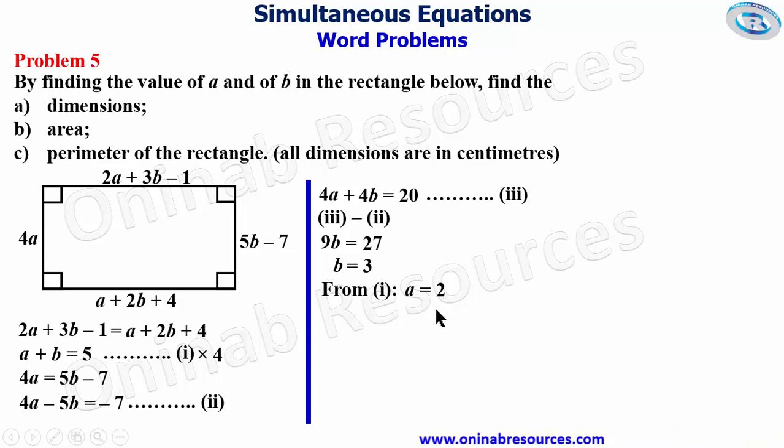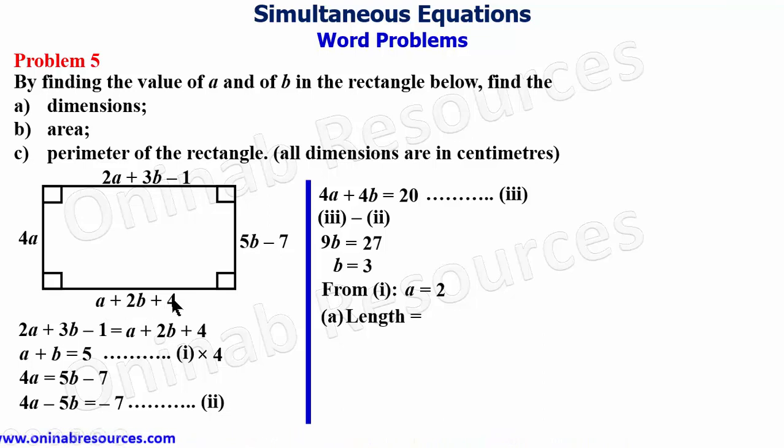So we have gotten all the necessary ingredients to get the solution to a, b, and c of problem 5. Starting from a, we are to find the dimensions of the rectangle. We need to find the length. One of the lengths is 2a plus 3b minus 1, and the other one is a plus 2b plus 4.